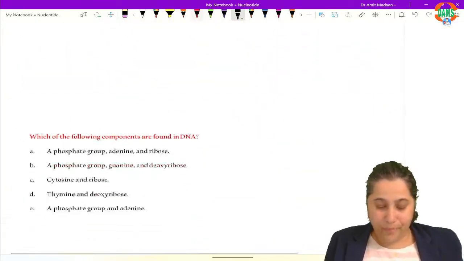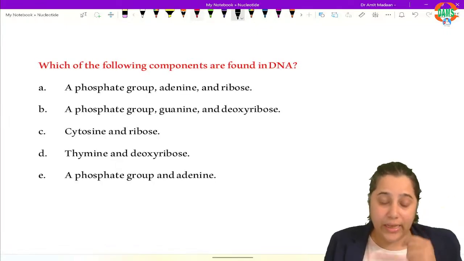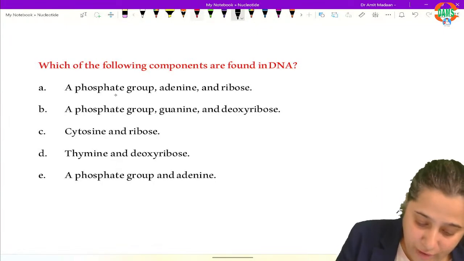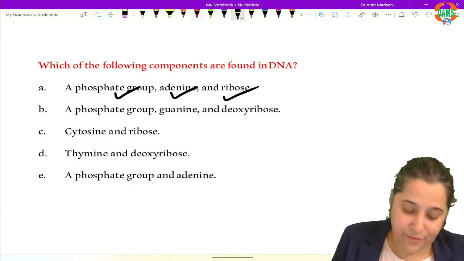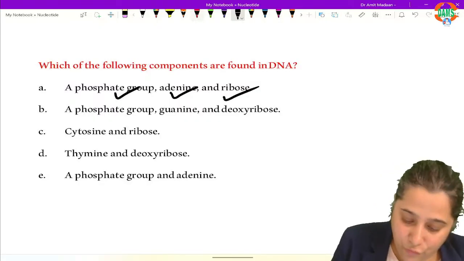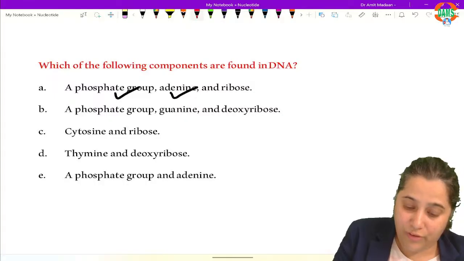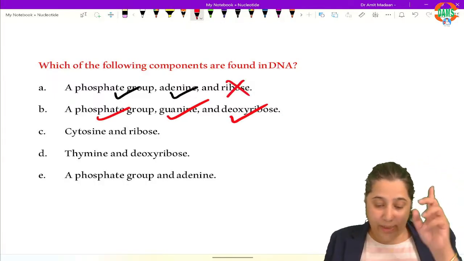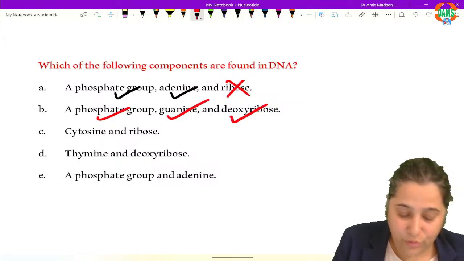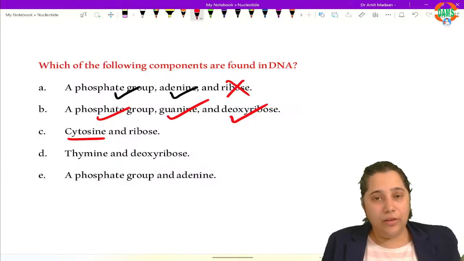So, another question, which of the following components are found in DNA? Will you find phosphate? Yes. Adenine? Yes. And ribose. Will you find phosphate, guanine and deoxyribose? You will not find ribose, but you will find deoxyribose. Will you find cytosine and ribose? Cytosine already means that it is having the sugar in it.